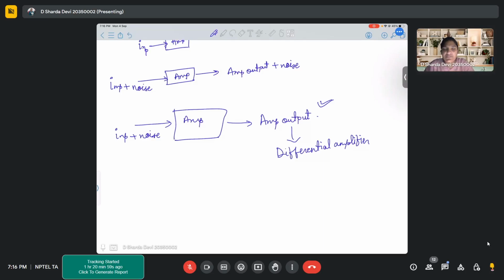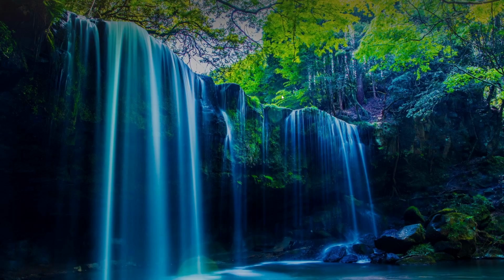The basic differential amplifier that even BTech students use without knowing that it is a differential amplifier, or they do know, but they don't know the internal circuits. What is the basic op-amp? Yes, an op-amp is a differential amplifier. What we see as a black box op-amp is actually a differential amplifier, and what we will analyze is basically the internal circuitry of the op-amp. That is what we are going to analyze in this particular circuit.